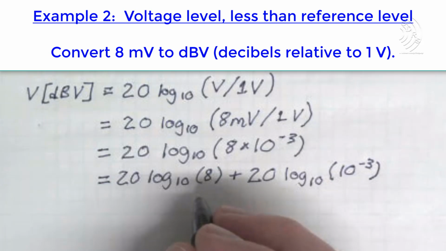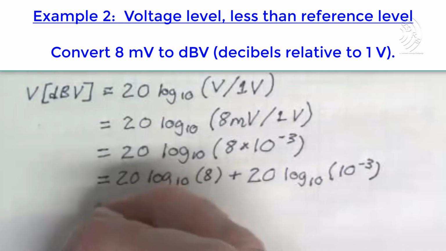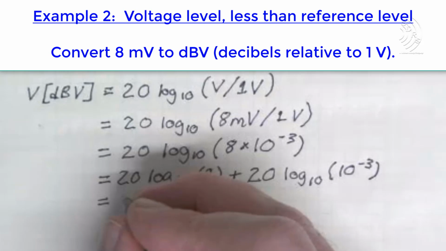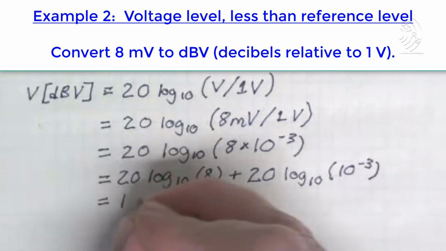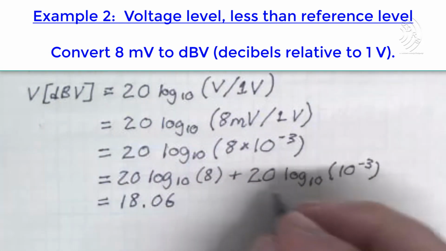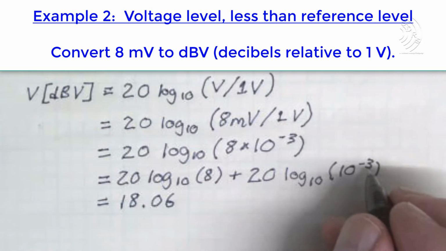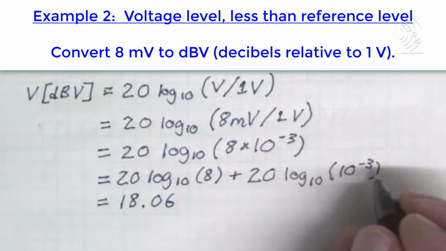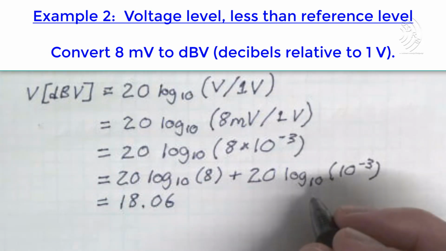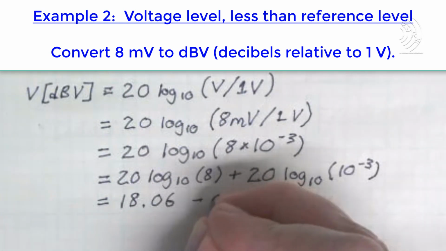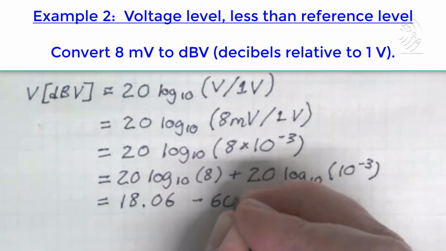So 20 log 10 of 8 becomes 18.06, and 20 log 10 of 10 to the negative 3 becomes negative 60, because by definition log 10 of 10 to the negative third is equal to negative 3. We multiply that by 20 and we get negative 60.